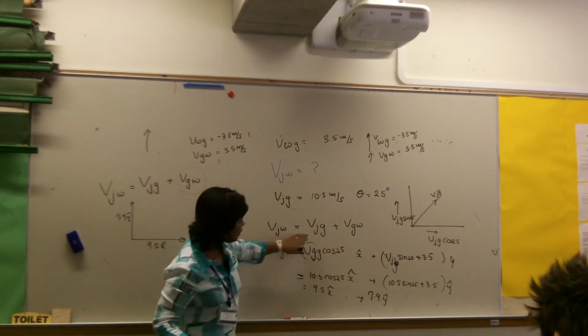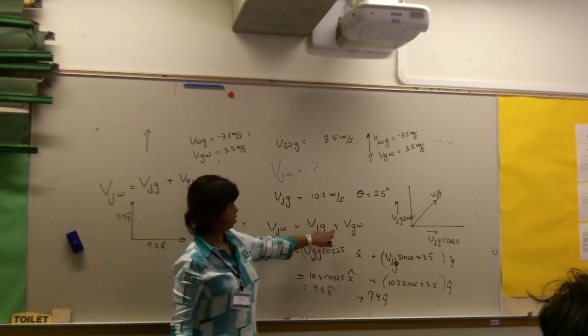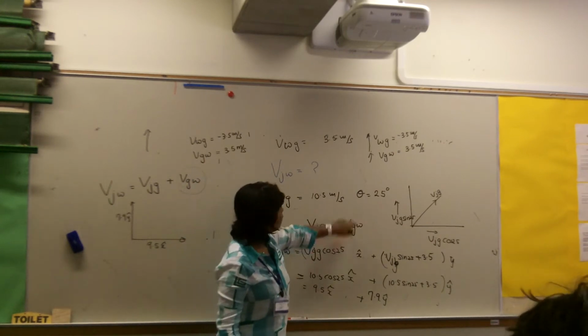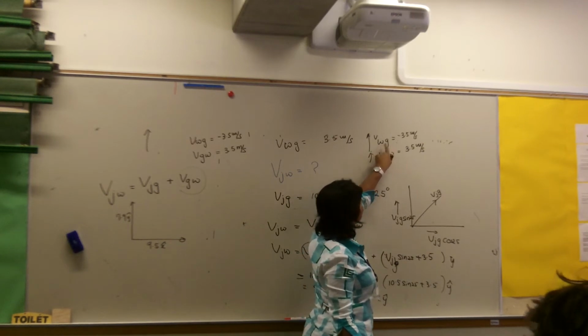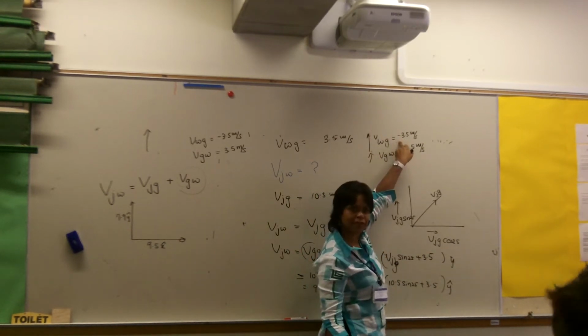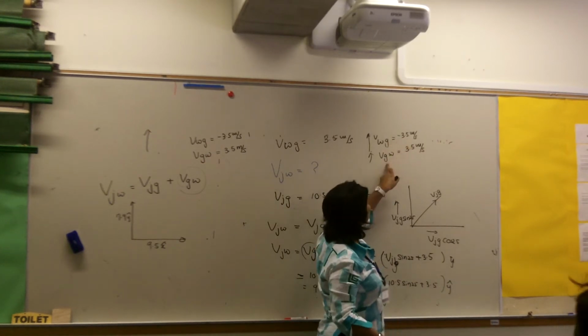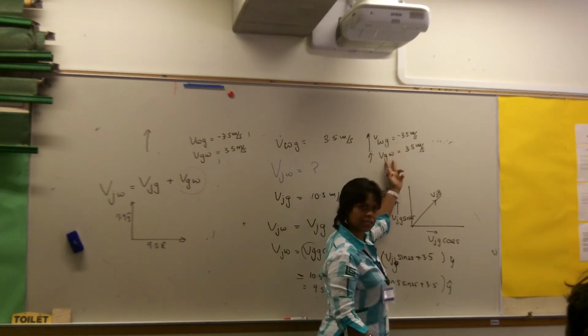Do you know that we organize this equation? JG plus GW. That is clear to you, right? But we are given WG. Is that clear? So WG in this direction is negative 3.5, right? Because it's flowing down. But we want GW. So we are changing the letter.